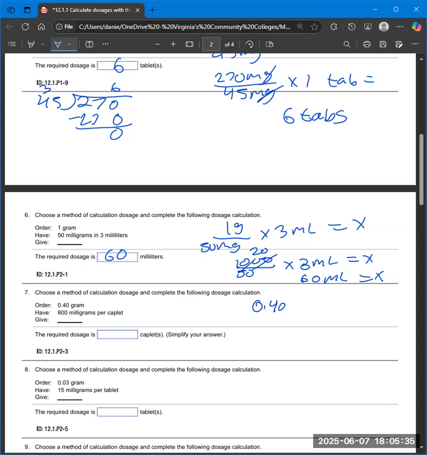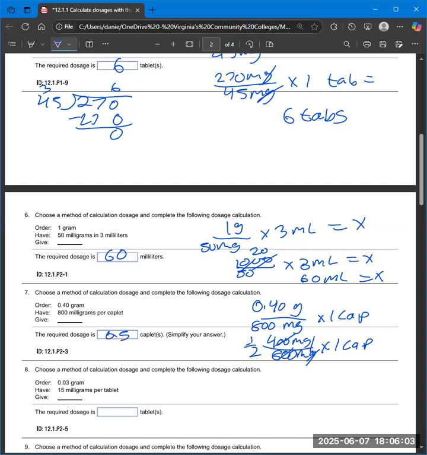40 hundredths of a gram dispensed in 800 milligram caplets. 400 milligrams over 800 milligrams times 1 caplet. That's half a caplet, 0.5.